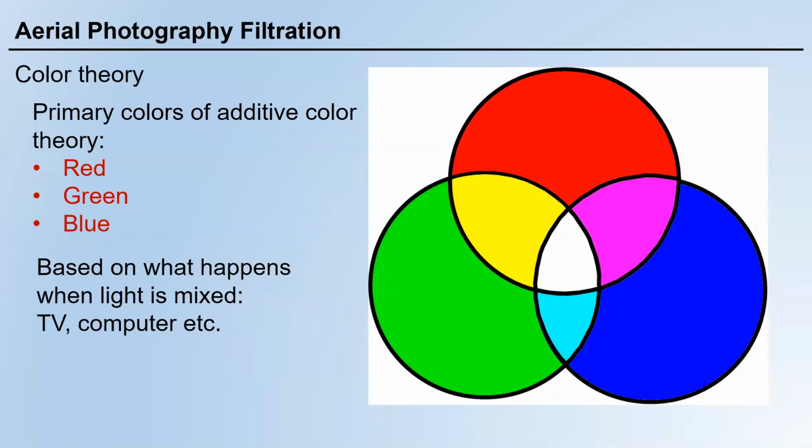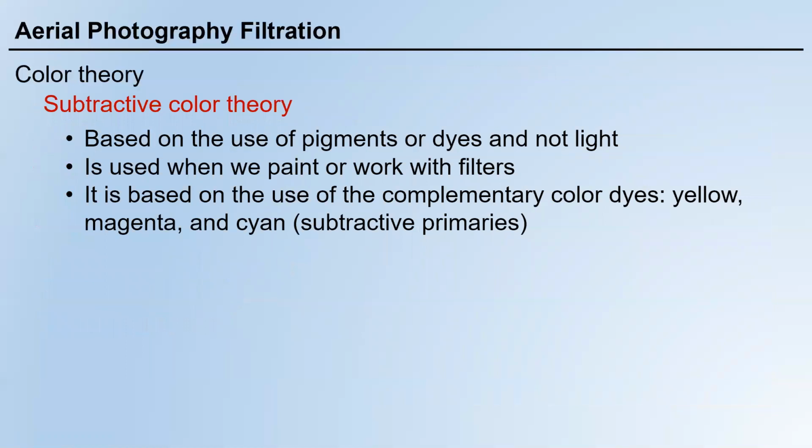Okay, so since there is additive color theory, there is subtractive color theory. It is based on the use of pigments or dyes and not light. So it is used when we paint or work with filters or we print something. It is also based on the use of complementary color dyes. So what are the three complementary colors of RGB?